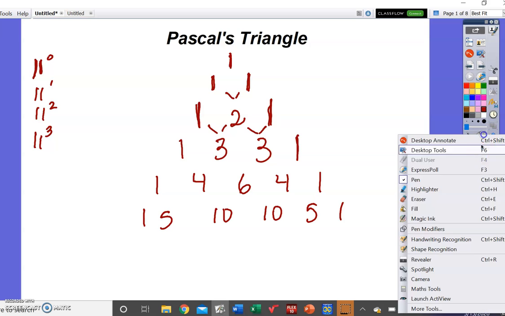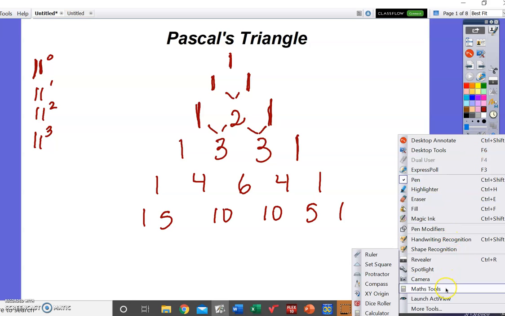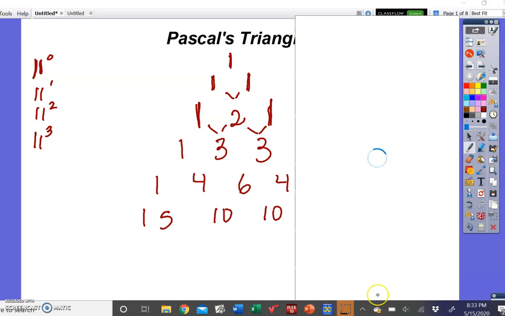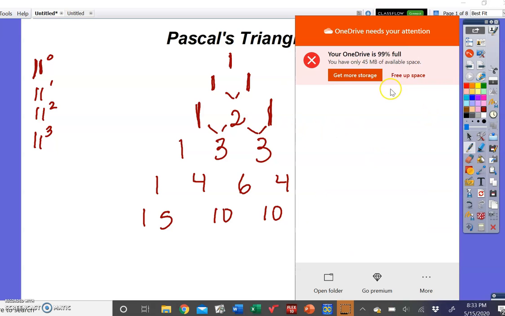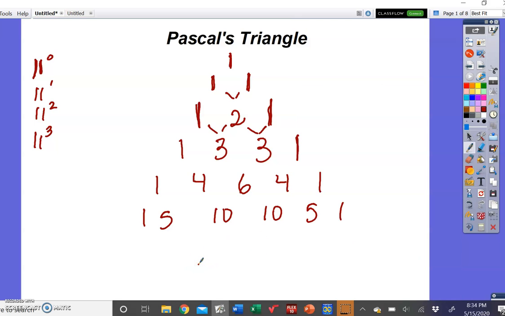To demonstrate, calculators over here in tools. Calculator. Calculator, which doesn't seem to want to open, which is ridiculous.